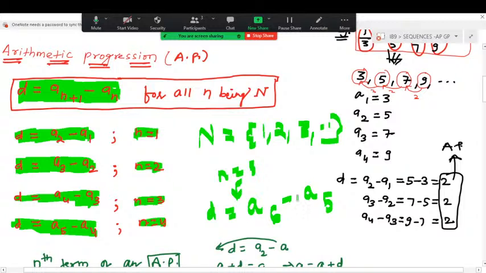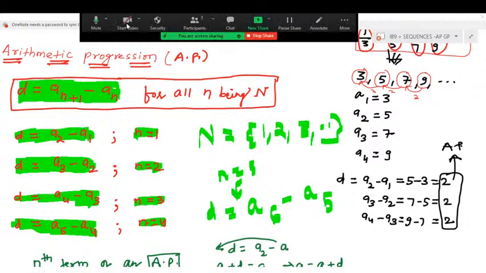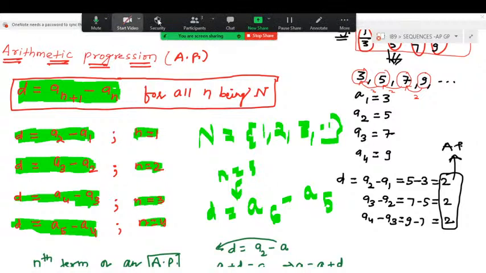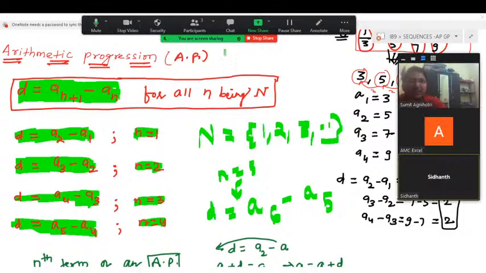That means we can conclude a common difference is a common subtracted value. And how do we find it? By subtracting any value with its previous value.